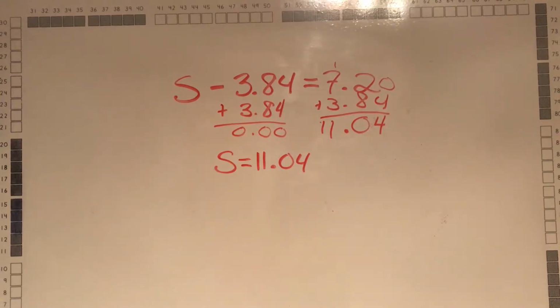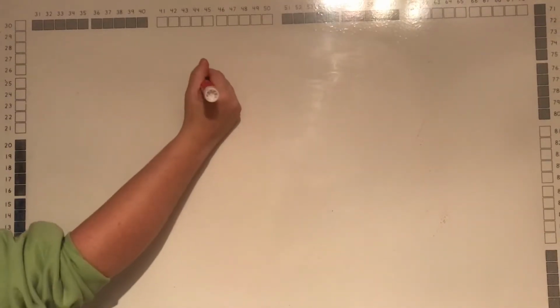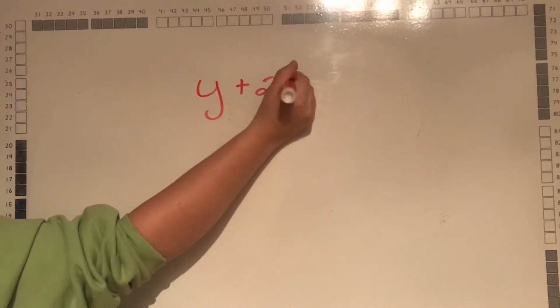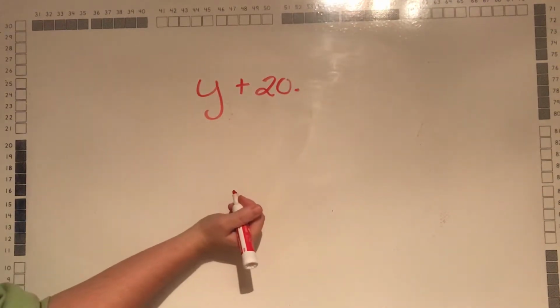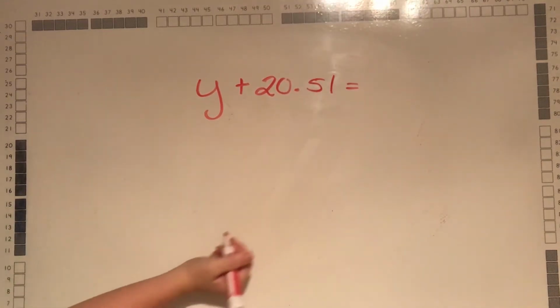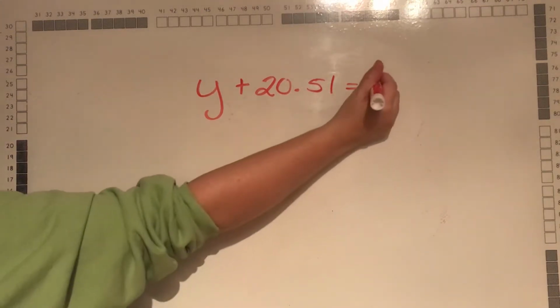Okay, let's do example 1b. In example 1b, we have y plus 20.51 equals 26.